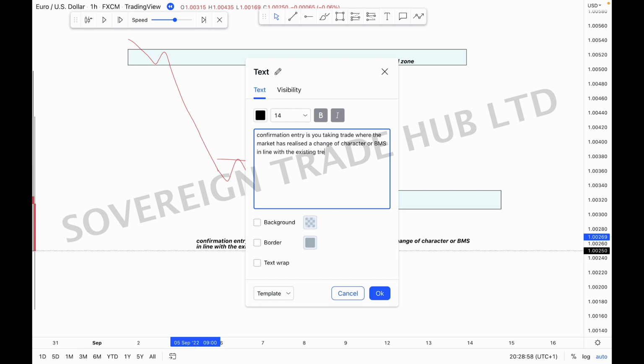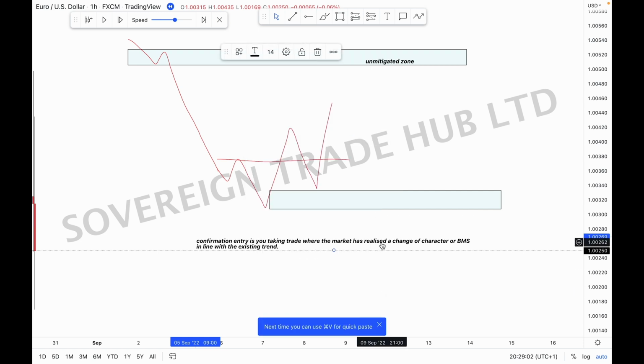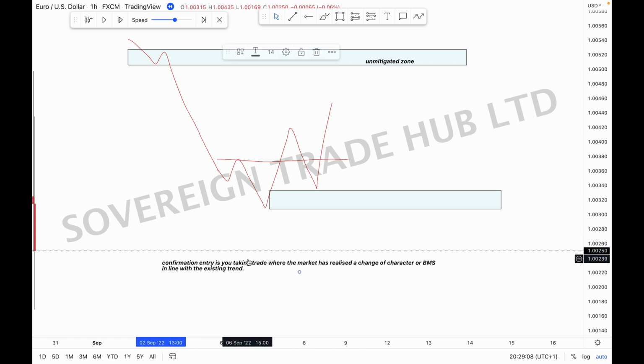So you look at the existing trend and you notice suddenly that the market changed character to the bulls or to the bear side. At that point, the market changed character. That's where you can take the trade. Any trade you took after a reasonable change of character that is well spotted or aligned with price action, that's what we call a confirmation entry.